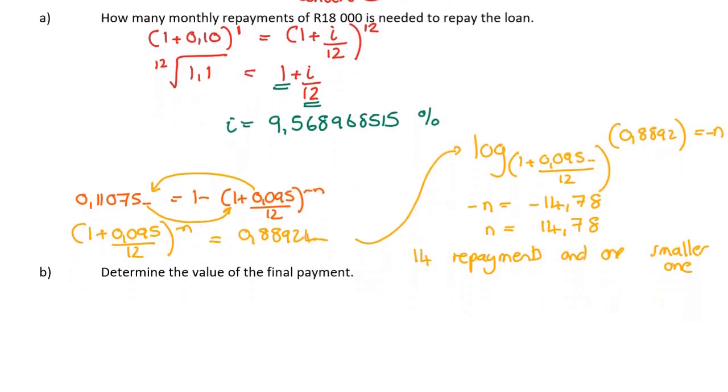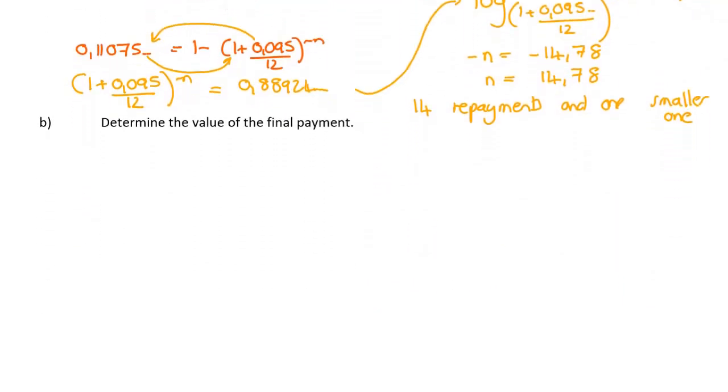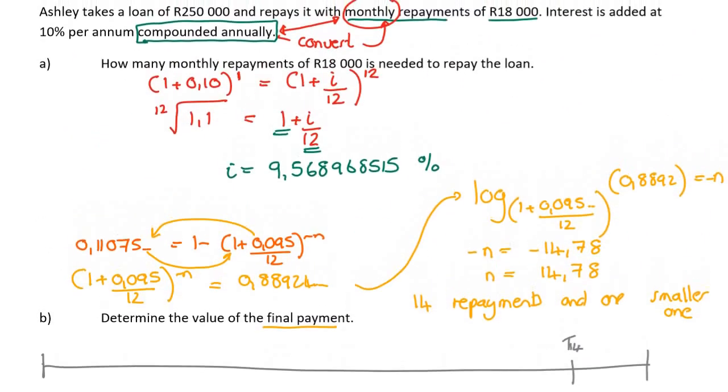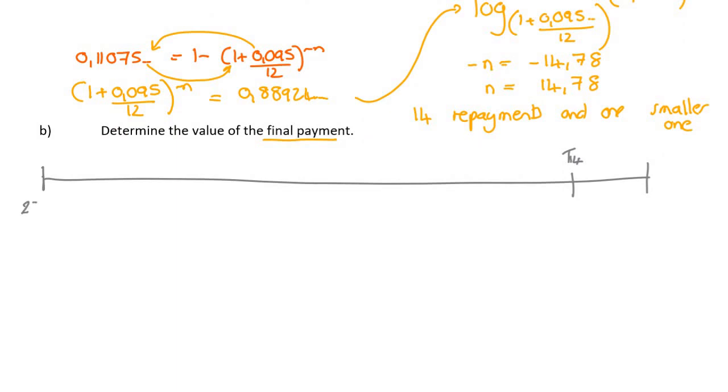And now there's this question about what is the value of this final payment. Okay, quite a common question and quite a useful one. So basically, I have a loan, and I'm going to make 14 payments of 18,000 Rand. My loan was 250,000 Rand.